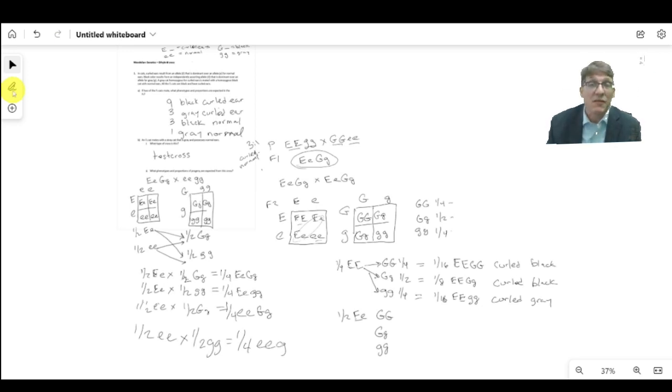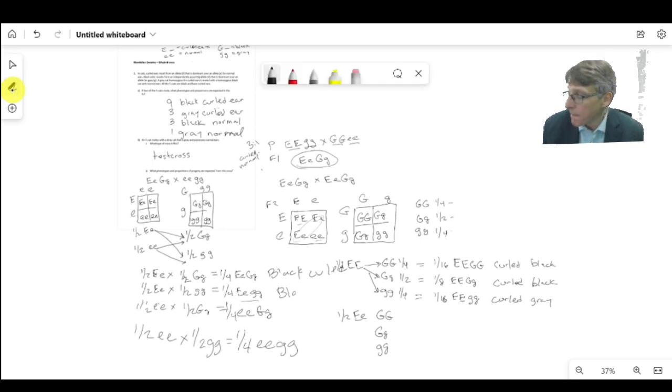And the last step of solving this problem would be actually assigning phenotypes to these. So these would be black and curled. These would be gray and curled. Little g would be gray.